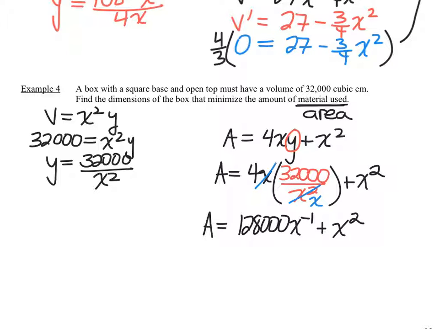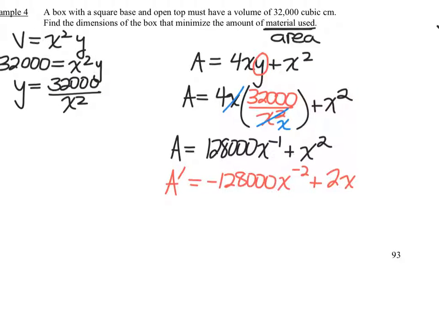All right. Differentiate. A prime would be equal to negative 128,000 x to the negative second plus 2x. Then once you do that, you might want to go back to a more convenient form.